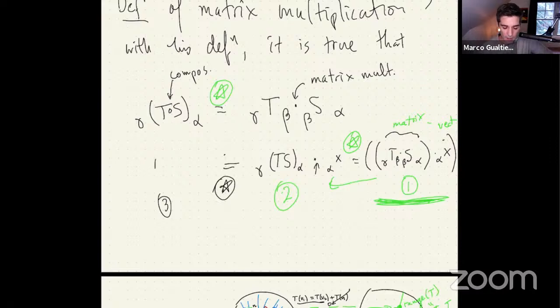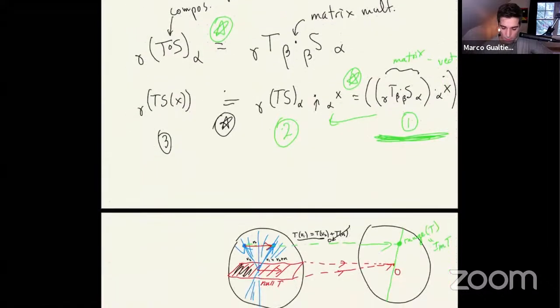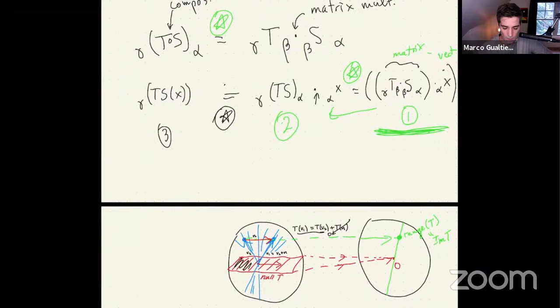So I'm going to write it like this: TS applied to X, gamma, this multiplied by that. And then this is the TS applied to X.